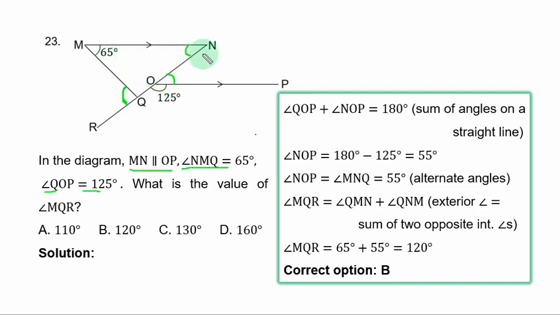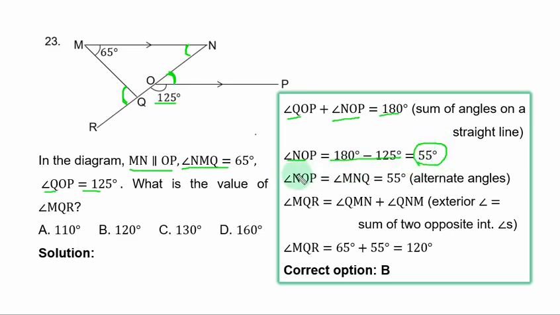Since MN is parallel to OP, it means this angle and this angle are equal, alternate angles. So let's start from here using 125 degrees. So angle QOP plus angle NOP equals 180 degrees, sum of angles on a straight line. If you make NOP the subject, that is this angle here, you have this result, and angle NOP is equal to 55 degrees.